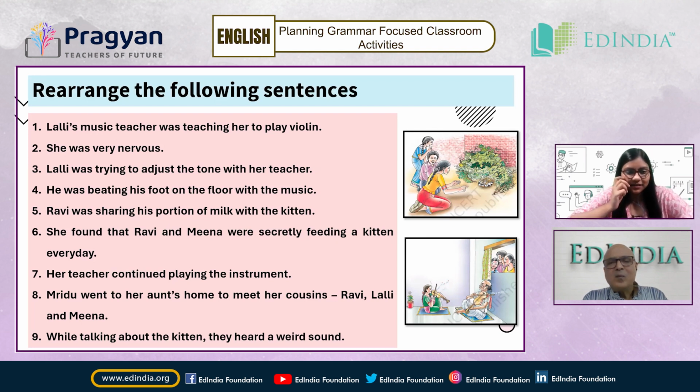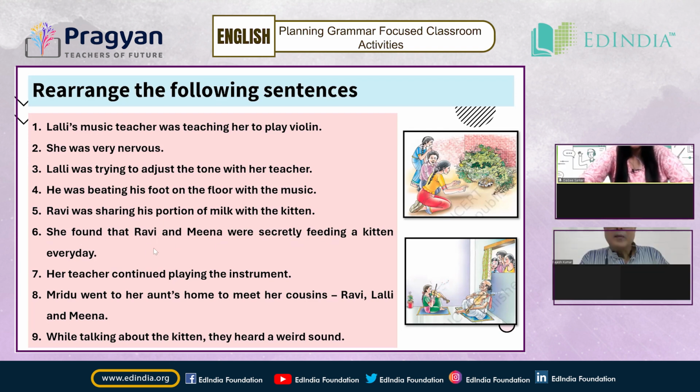So I think first of all, Mridu went to her aunt's home, and then she found, like, sentence number 6: she found that Ravi and Meena were secretly feeding a kitten every day. So after that, this is the second sentence.